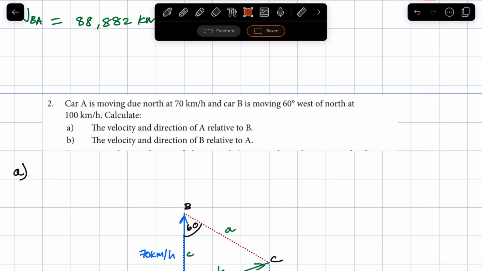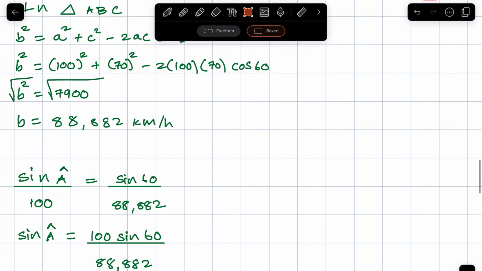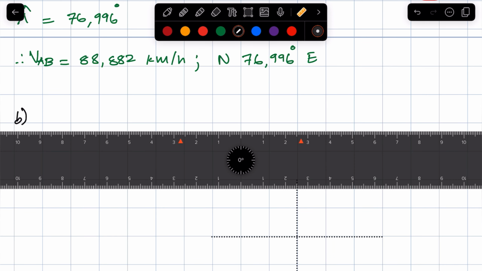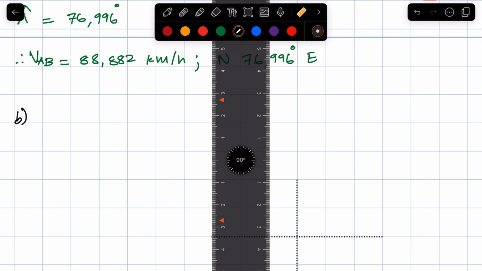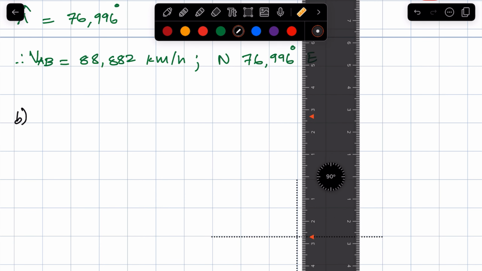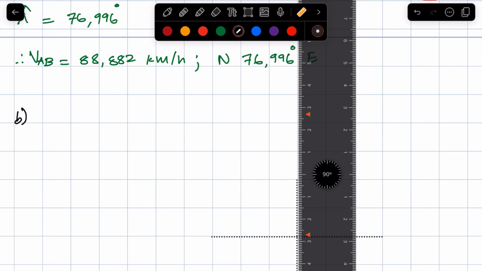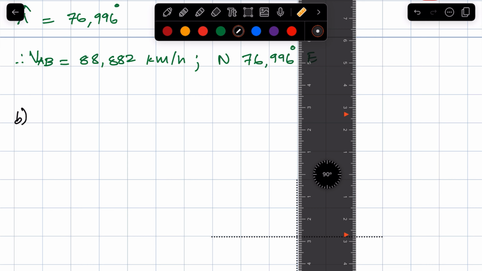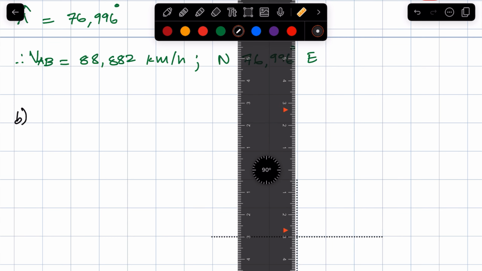B being the object, we draw it in exactly the direction given in the statement. In the statement they said B is moving north 60 degrees west. So north is our reference, and then north 60 degrees west.